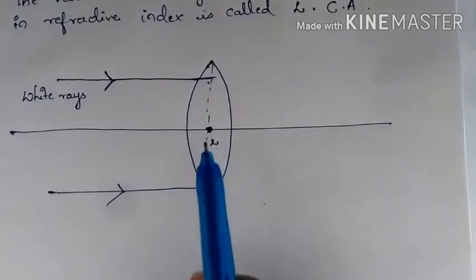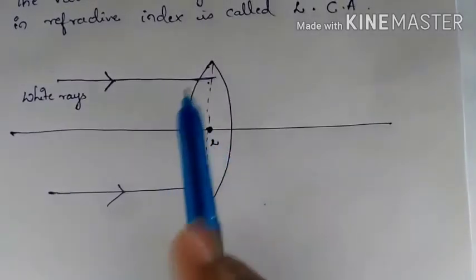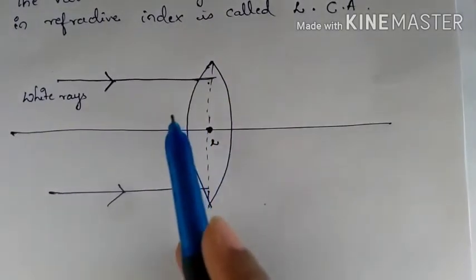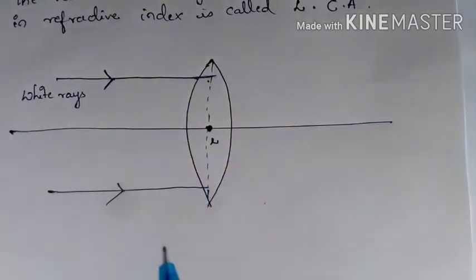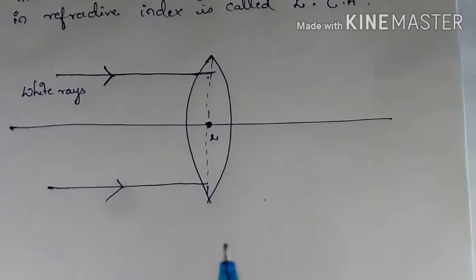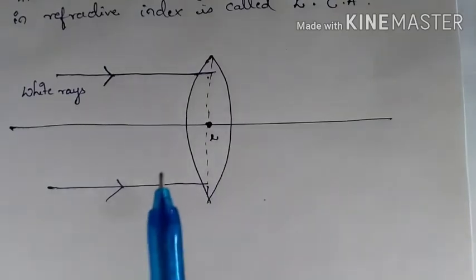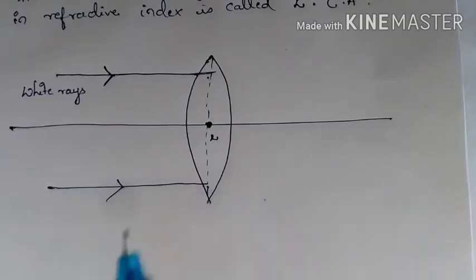So we have basically 7 colors. So in this diagram, let us denote only 2 colors, violet and red. So the first is violet color. This violet color light has less wavelength compared to red color light.